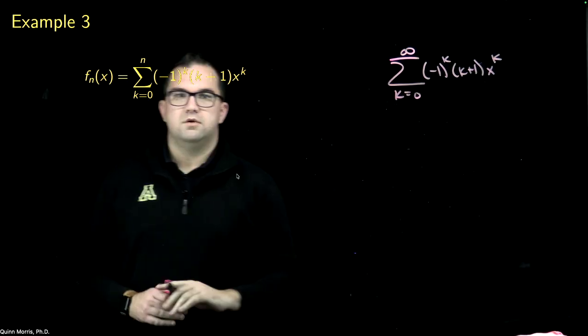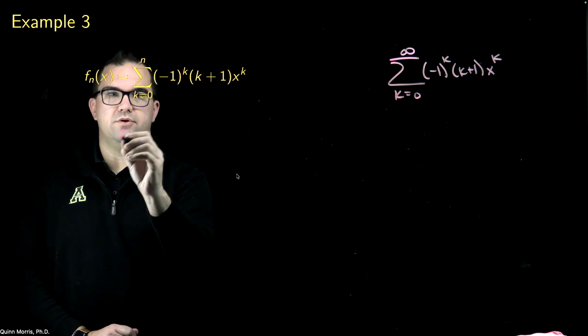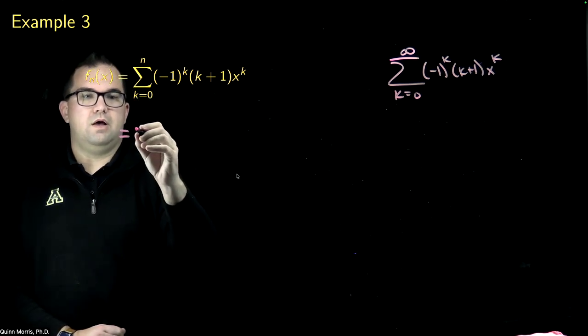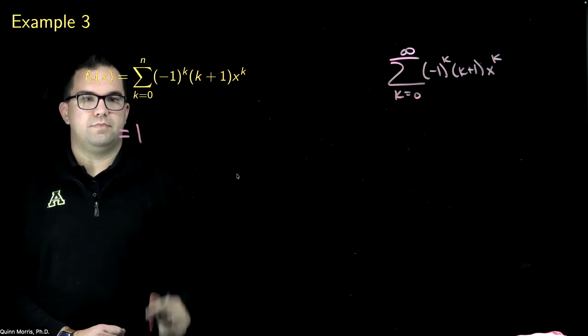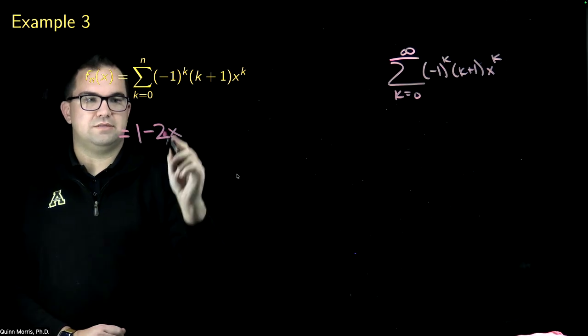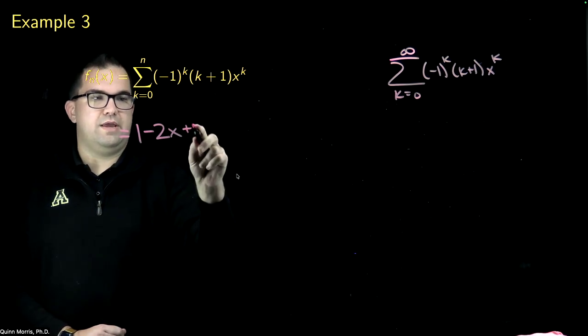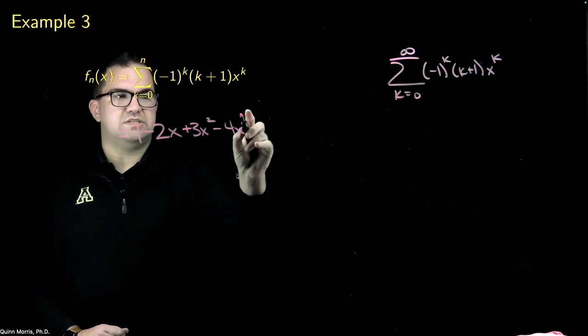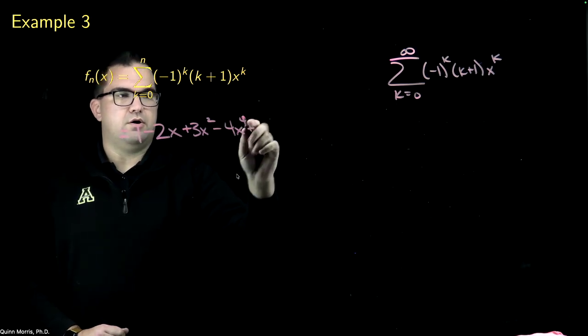So if we just start writing out some terms over here, when k is equal to 0, I will just get 1. When k is equal to 1, I'll get a minus 2x. When k is equal to 2, I'll get a plus 3x squared. And you can start to see what's going on here.